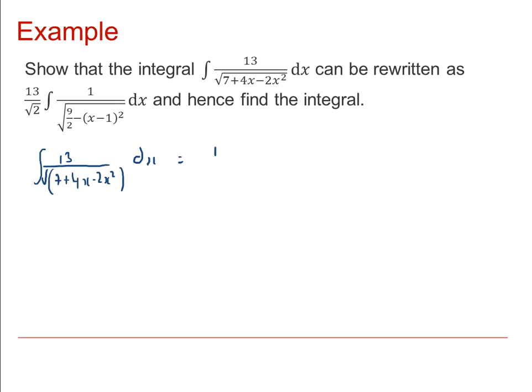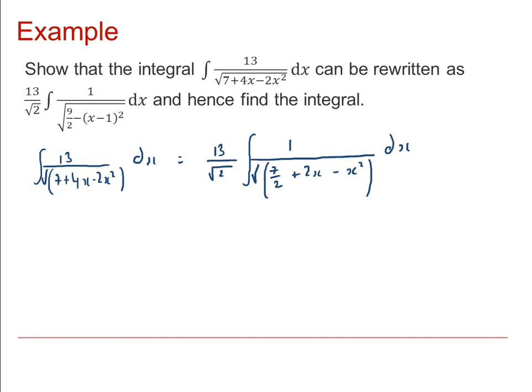So that's where the 13 and the square root of 2 comes from. Inside the integral we'll then be left with 1, and the denominator will now be, remember when we take out square root of 2, 7 over 2 plus 2x minus x squared.